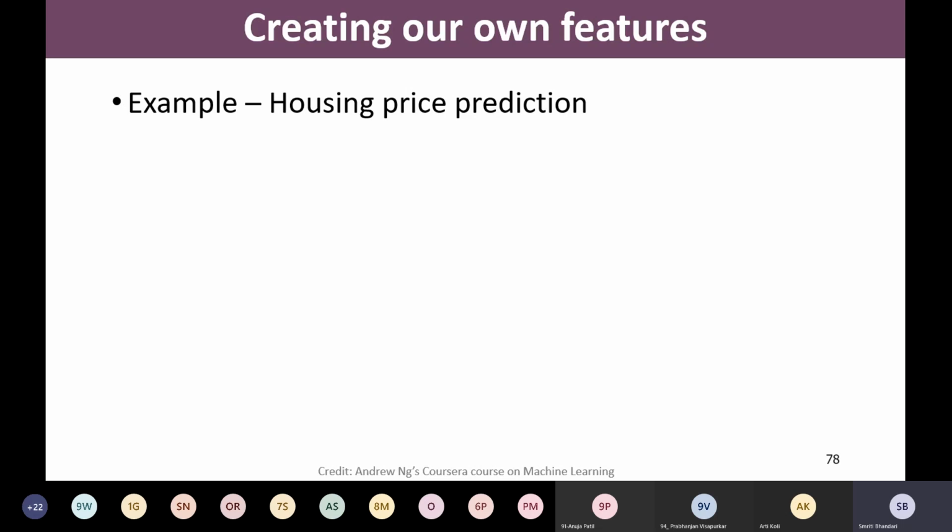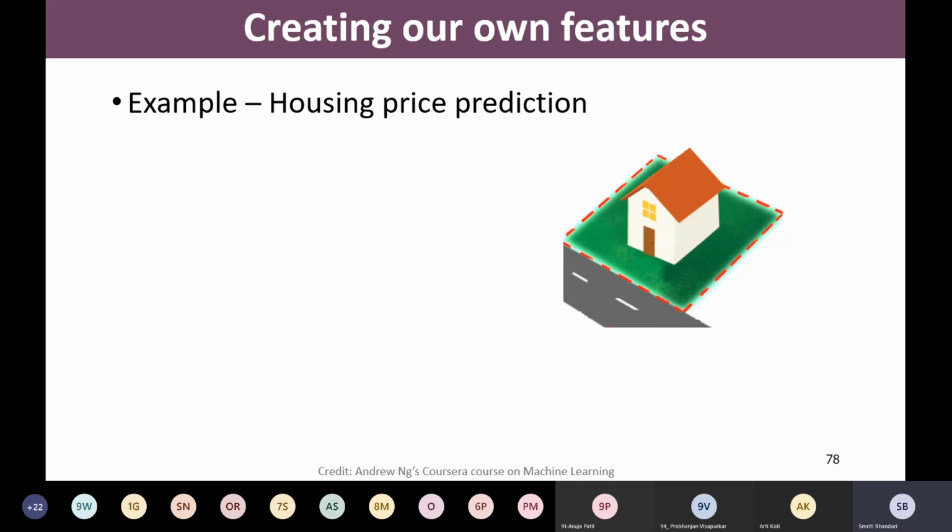What I mean by creating our own features, let us see the example once again of housing price prediction. But now let us assume that instead of the features we considered earlier, we have features like the frontage of the land and the depth of the land.